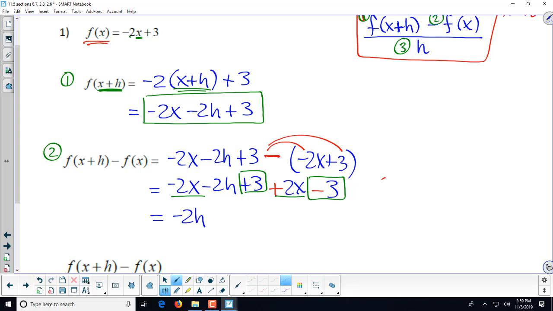If I was putting it in this quotient, that's what the top would have simplified to, if I just set it up in the quotient and then simplified, which is totally fine. So this is what MyMathLab wants you to enter then. They want you to enter what you got after you subtracted and simplified.